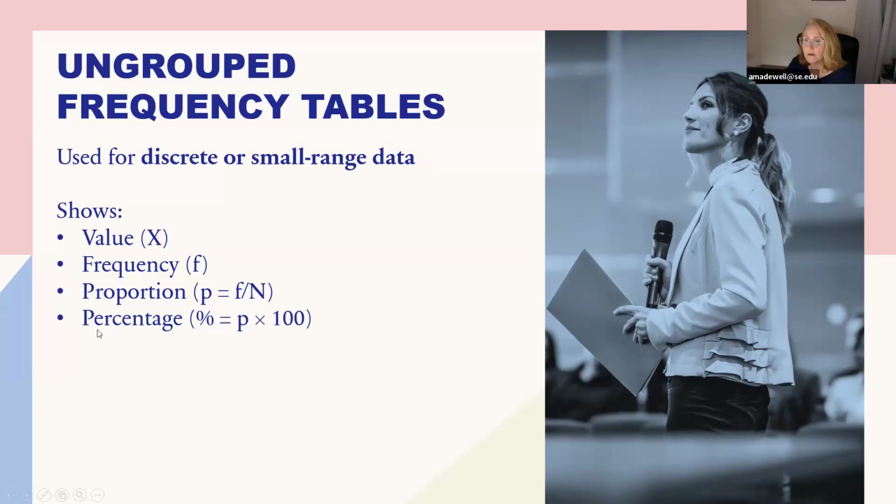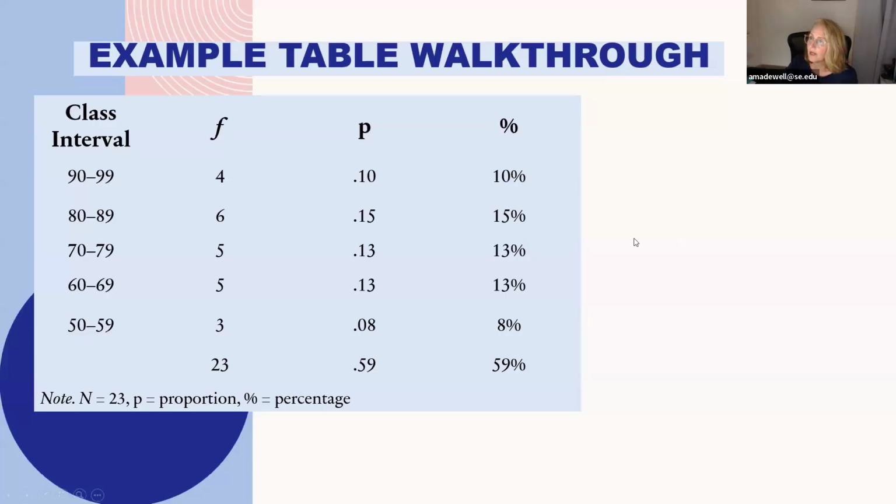And then we'll have a final column that says percentage, and our percentage would be our P, our proportion, times 100. On your notes for this week, I want you to make sure that you have all of these listed. Let's go ahead to our next slide, and we're going to make one.